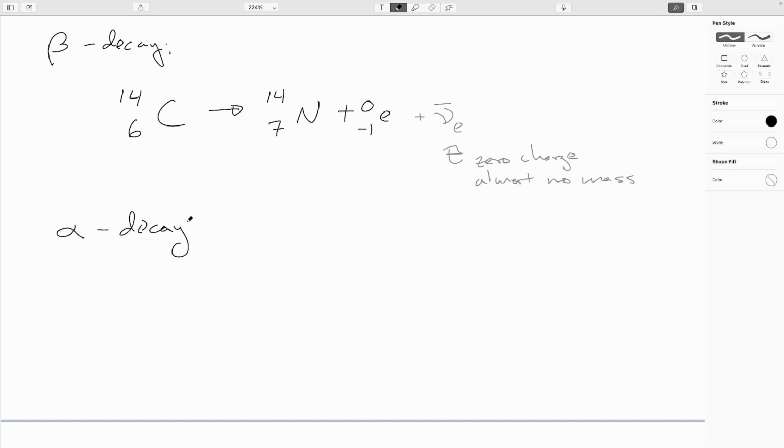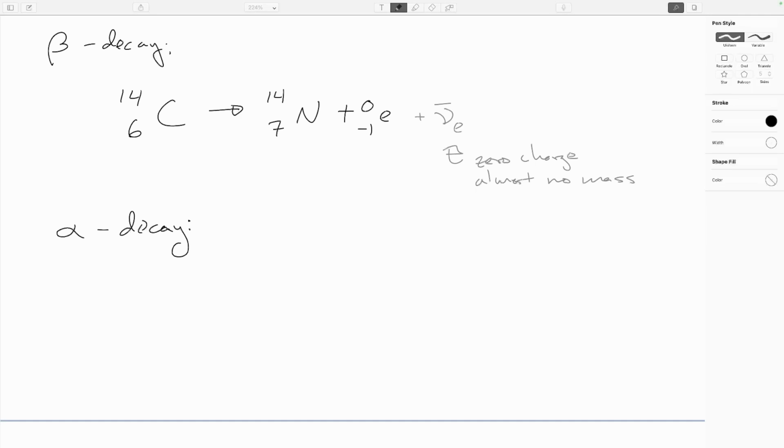So now alpha decay, what's happening here is, especially in more massive nuclei, an alpha particle being 2 protons and 2 neutrons, you can fill the lowest proton shell and the lowest neutron shell completely. And so it actually makes for a pretty darn stable little particle.